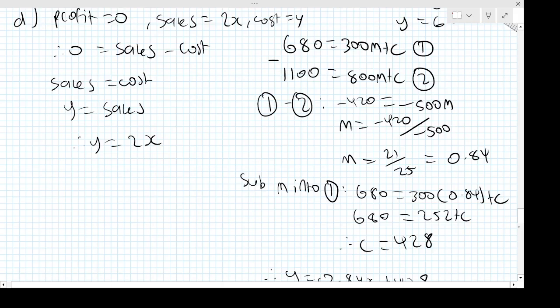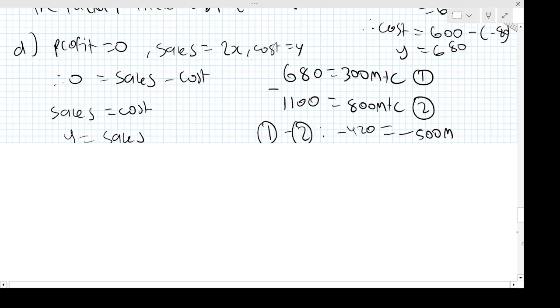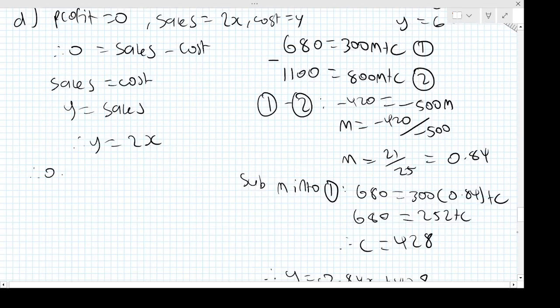Well, Y, we worked it out in part B, this equation here. Y is 0.84x plus 428. I could substitute that in, right? So 0.84x plus 428, and that's equal to 2x. Well, this is an equation to solve for x now.